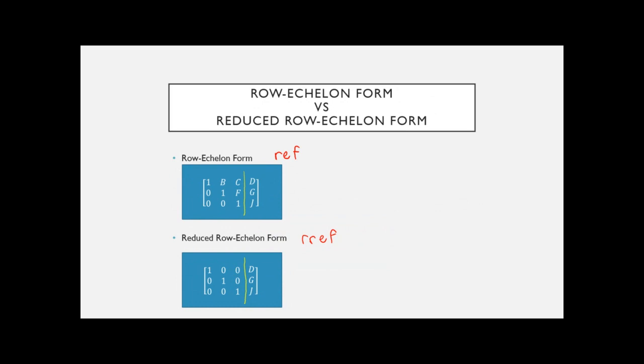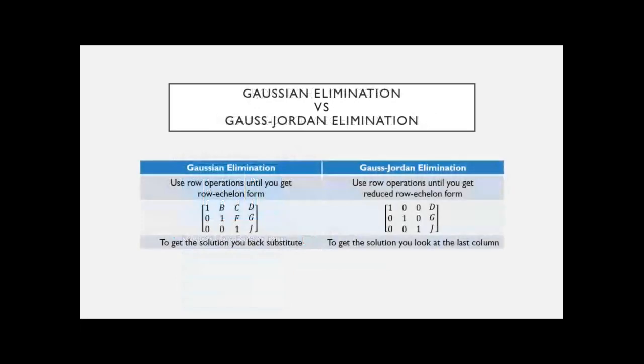There's also reduced row echelon form, where you have the ones in the diagonal, but everything above a 1 has to be 0. And that's abbreviated RREF. So you do want to be able to understand the difference between those two.